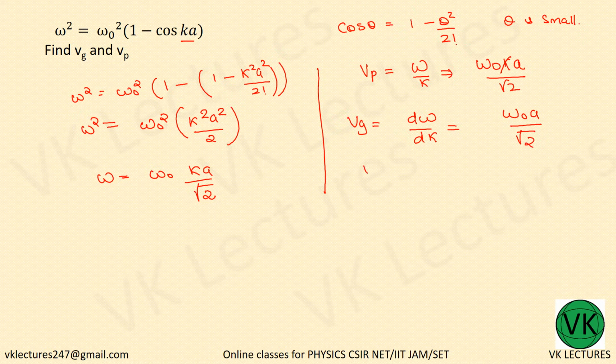So Vg equals Vp. Now this is a non-dispersive medium, so you should get the inference from your result. Think about the situations and understand. That means this particle is moving in a non-dispersive medium. You cannot see different waves. You see only one particular wave.